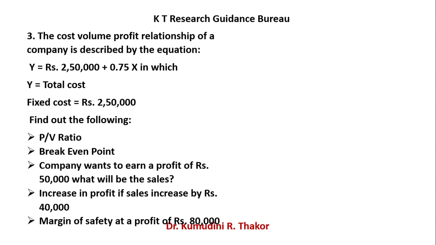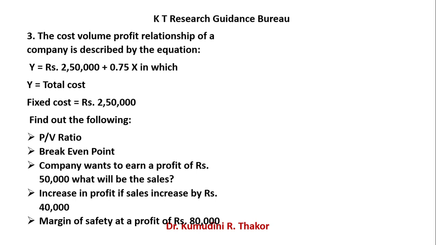What you have to find out? PV ratio, break-even point, and third, the company wants to earn a profit of rupees 50,000. At that time, what will be the sales volume?